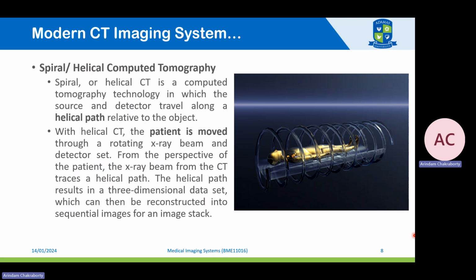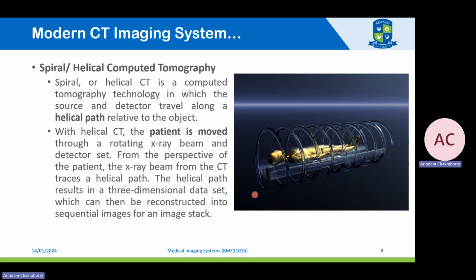From the image, we can see that the X-ray basically covers the entire person in a helical path. That is why it is known as a helical or spiral CT. This is the bed where the patient is lying, and the X-ray essentially covers the patient in a 3D manner, that is in a helical manner.